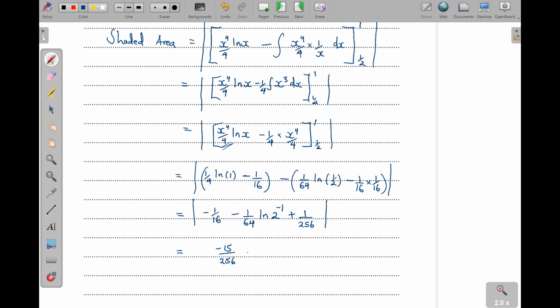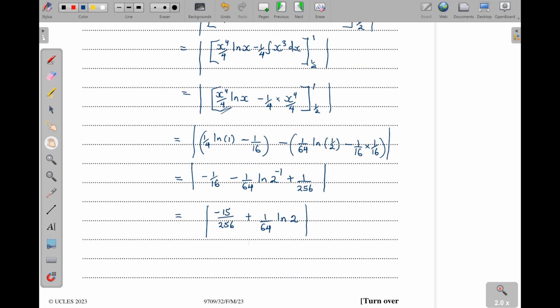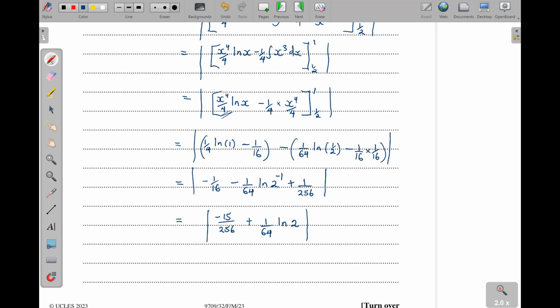so negative 15 out of 256. Then plus, because this one has come here and has multiplied with that, plus 1 over 64 times the natural log of 2. I can leave my answer there, but again, this whole thing is going to give us a negative.